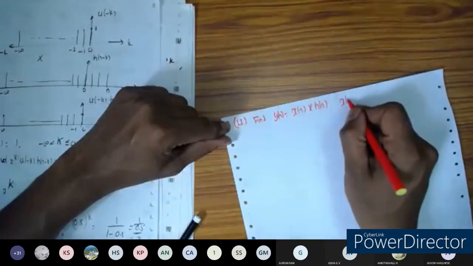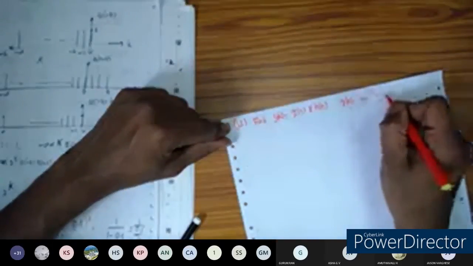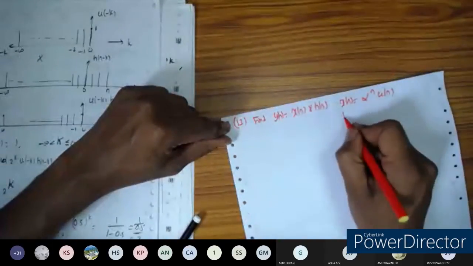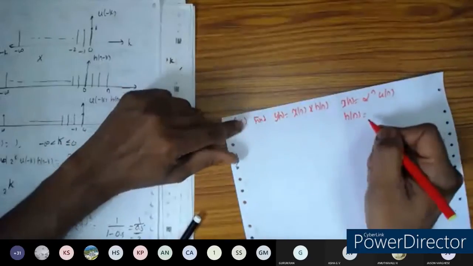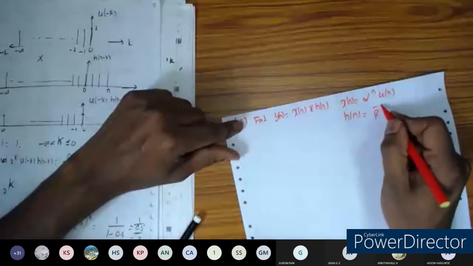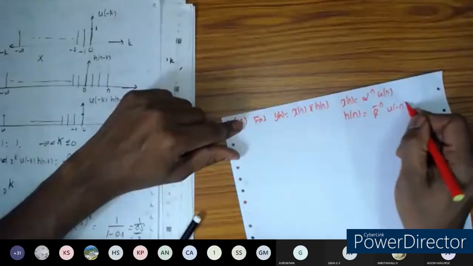Given x of n is equal to alpha to the power of n into u of n, and h of n is equal to beta to the power of minus n into u of minus n.